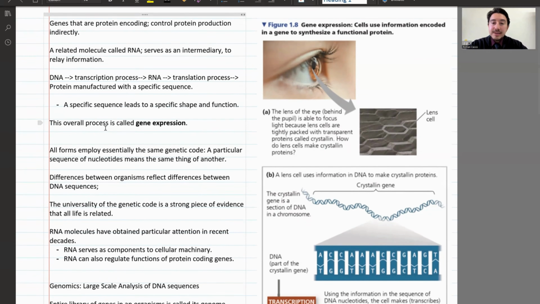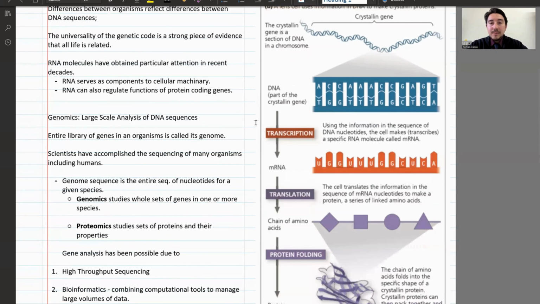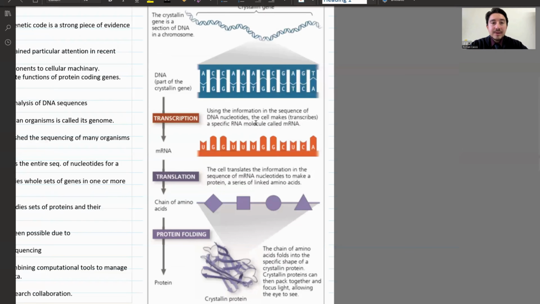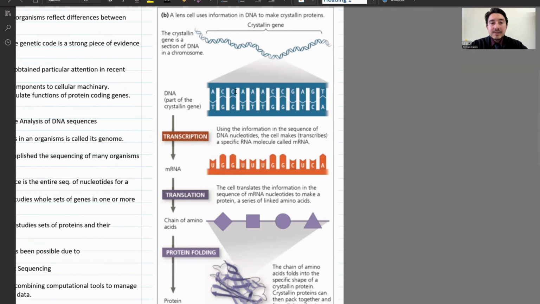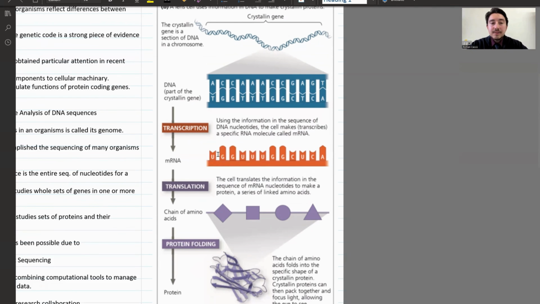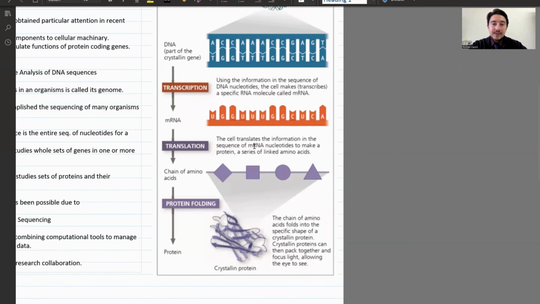Okay, gene expression. Here you can see a visual breakdown of what's happening, right? In the nucleus, we have DNA. There's a specific sequence of DNA. It creates an intermediate molecule called RNA. This process is called transcription. Transcription holds the information to produce protein. This is called translation. And proteins have a different building block called amino acids, right?